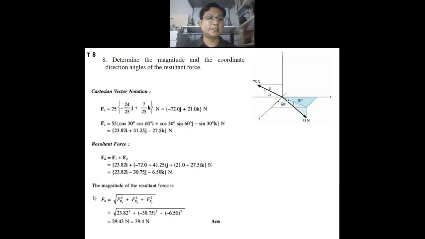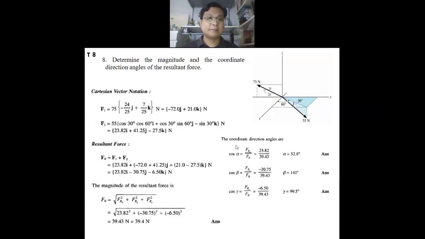Okay, like this, by the square root. To repeat this method, calculate every angle referring to every axis. For example, cos alpha refers to the x, cos beta is the angle to y, and gamma refers to the angle to the z axis.